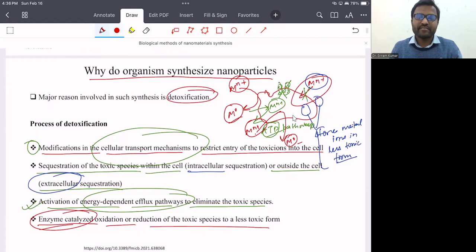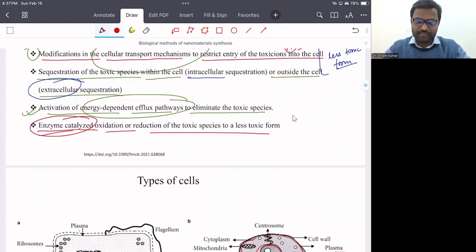And we understood the reason and the process behind the detoxification. There are four different kinds of processes that occur in detoxification, and that is the reason for the synthesis of nanomaterials by biological systems.